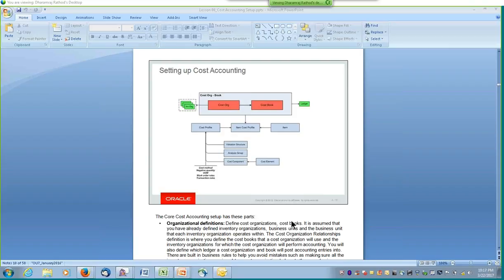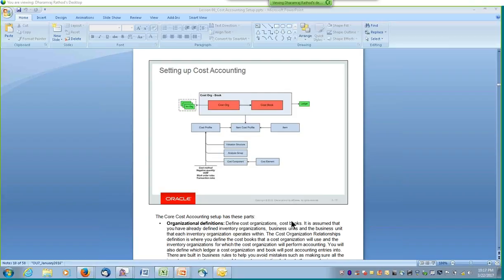This clubbing of all the inventory organizations is only for administration purposes and to process those transactions. But when the cost processor picks those transactions, it will look at the cost profile associated to those items, nothing to do with your cost organization or the cost book.